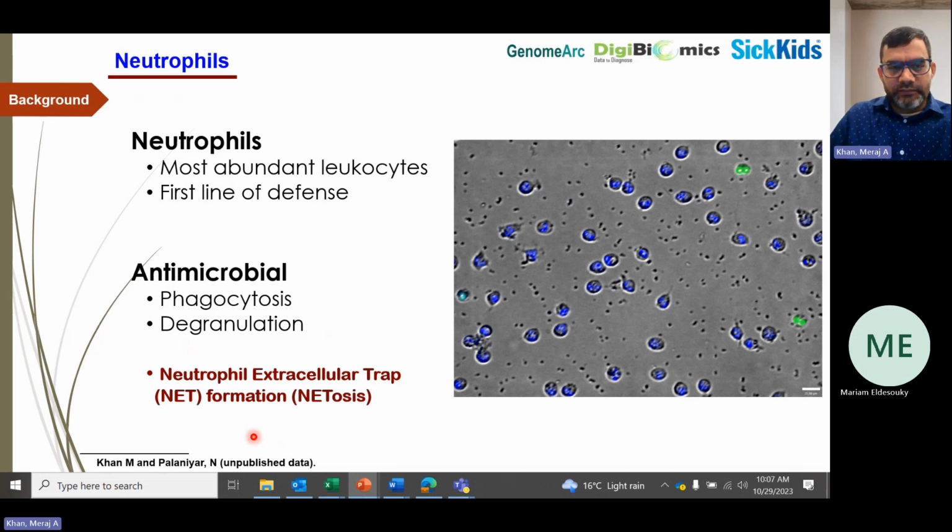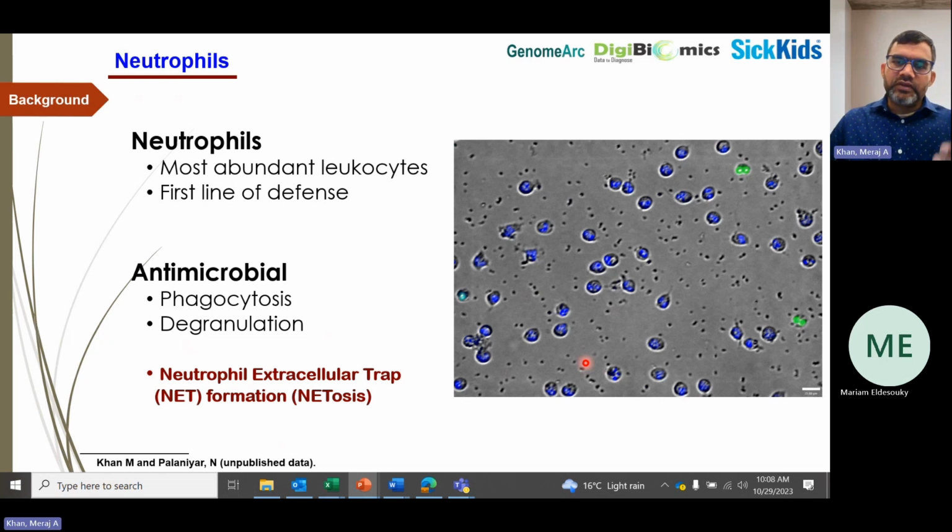I'm going to show the detail about that. Before that, this is the video I'm going to play, and we actually did this experiment in our lab. We took neutrophils and added bacteria, Staphylococcus aureus, and we used two dyes. The blue dye is DAPI, which stains the nucleus DNA.